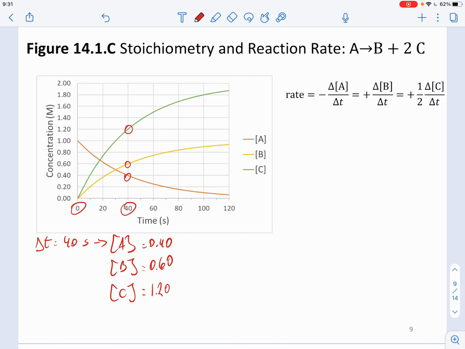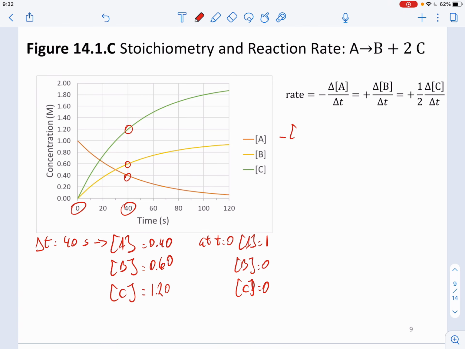At T equals 0, A is equal to 1, B is equal to 0, and C is equal to 0.